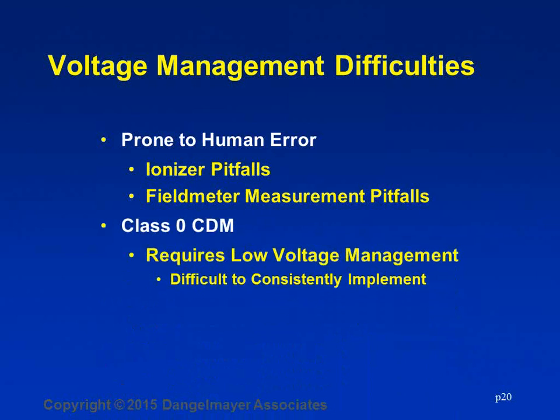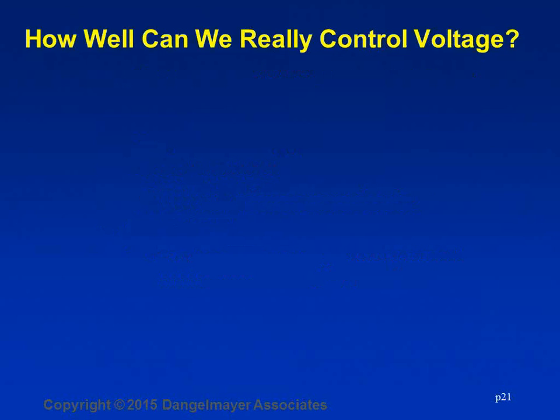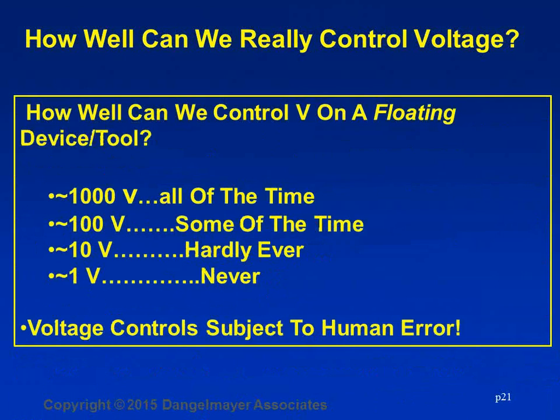And for class 0, it requires very low voltage management, and it's difficult to consistently implement these controls. So how well can you really control voltage, again, especially for class 0? Well, here's a chart that gives you a sense of our experience with this. If you're dealing with 1,000-volt sensitivities, no problem.